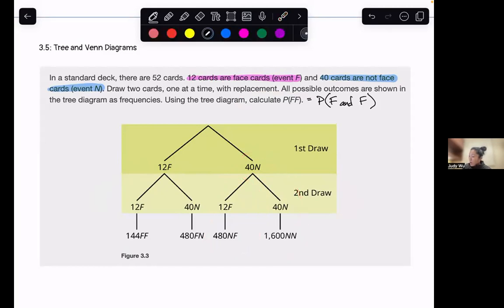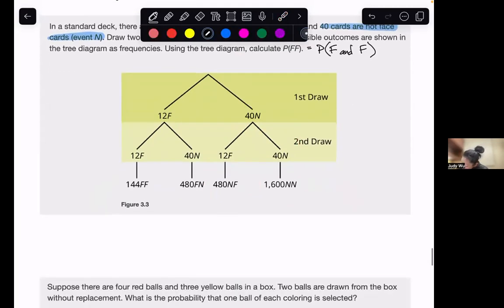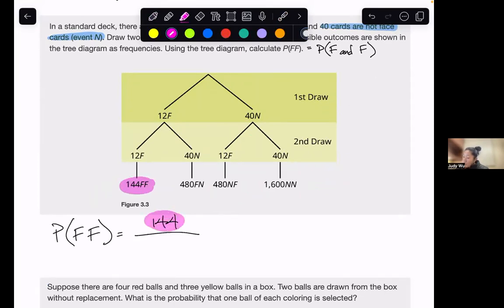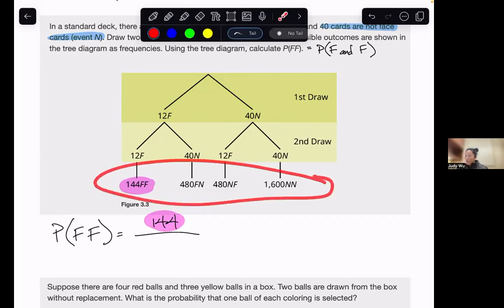Okay. Now I want to calculate the probability. So probability of FF, which means I have to put the frequency of the FF, which is 144, over the total number of ways that this could happen, okay?